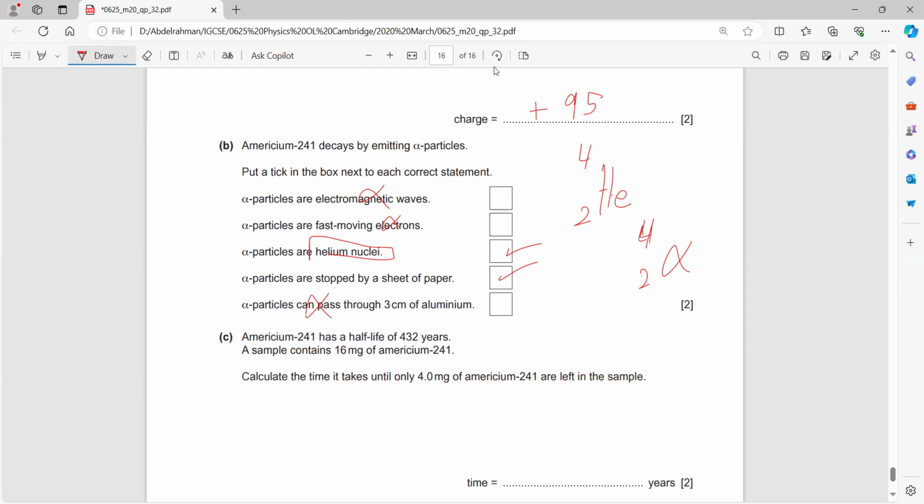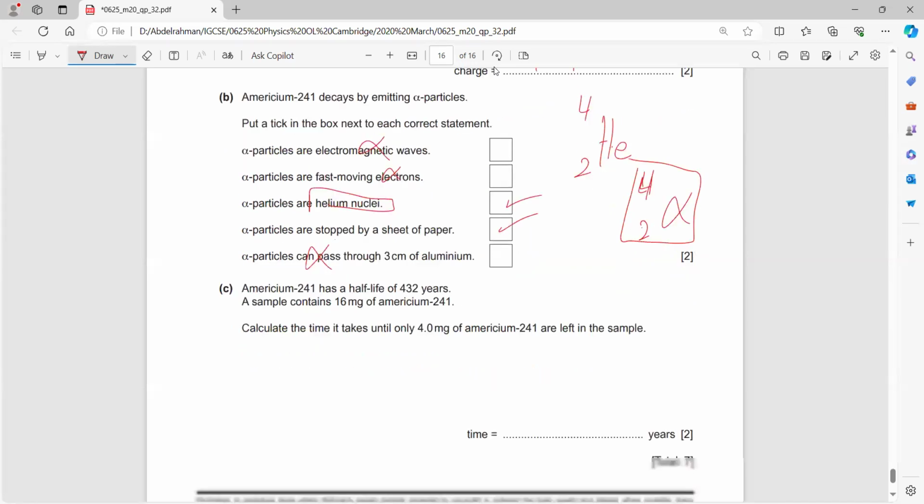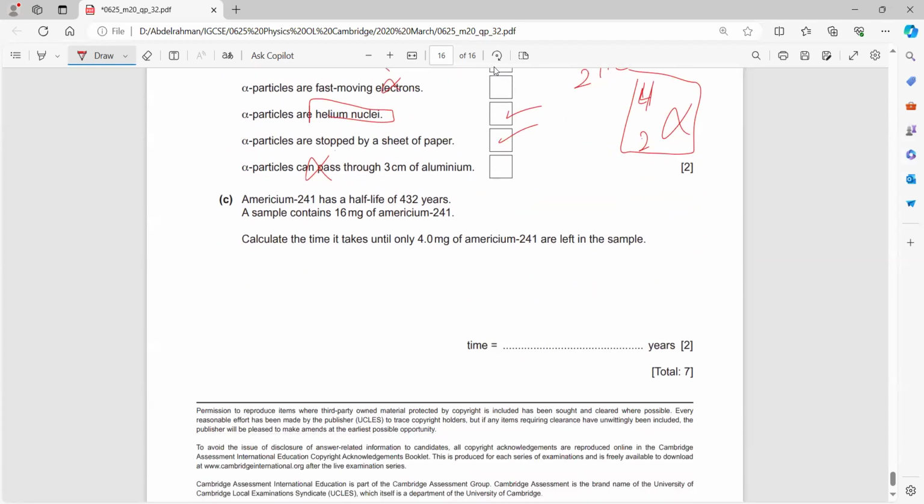The mass number of the alpha is 4, the same as the helium. But the difference is that the alpha is only the nucleus of the helium. The alpha does not have any electrons. It does not have an electron shell as the helium. That's the whole point. So it's only a nucleus.